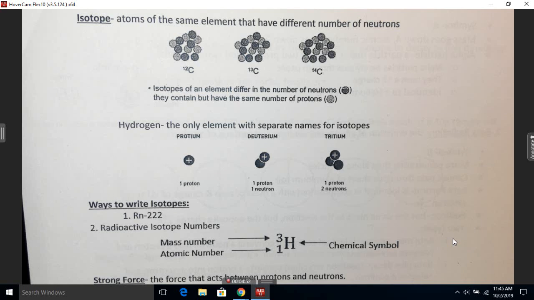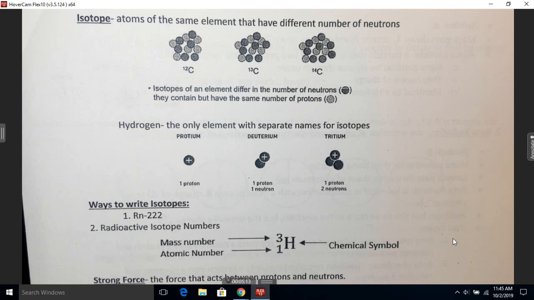Oh, did I change the charge of it? I said neutrons, so it's no charge. If I'm changing the neutrons, is it going to change the element? No.